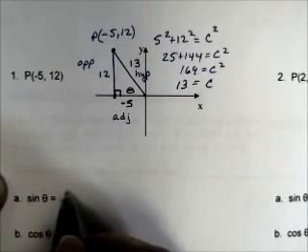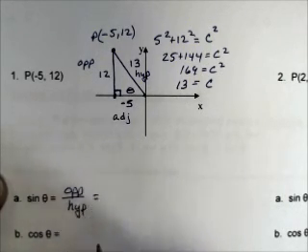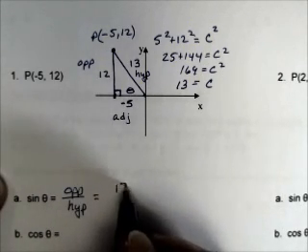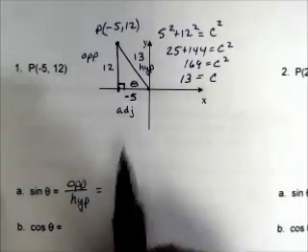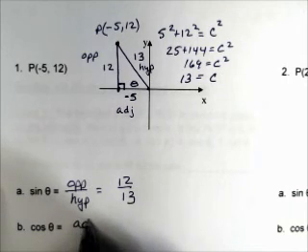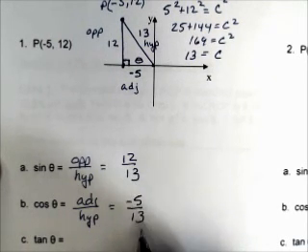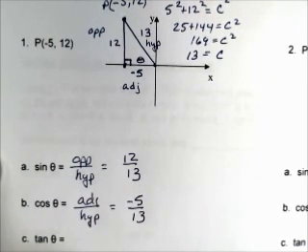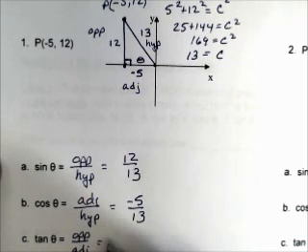So the sine of theta is equal to opposite over hypotenuse, which would be 12/13. The cosine of theta is adjacent over hypotenuse, which is negative 5/13. And the tangent is opposite over adjacent, which is 12 over negative 5.